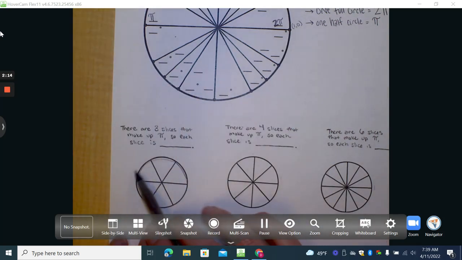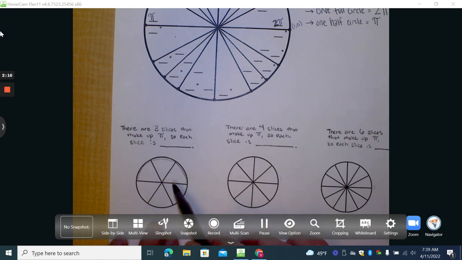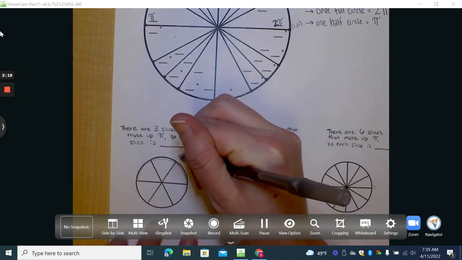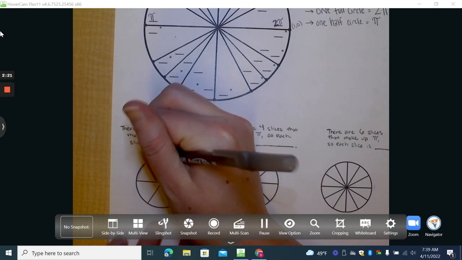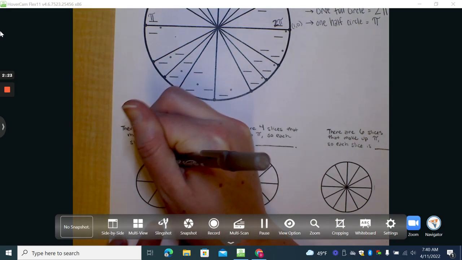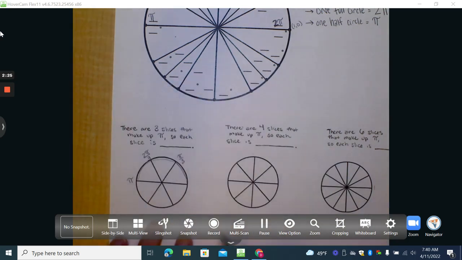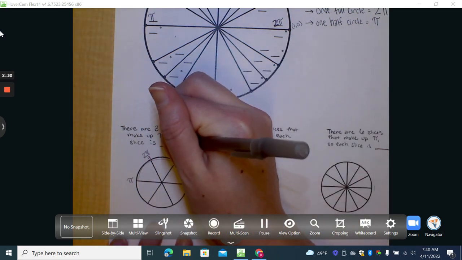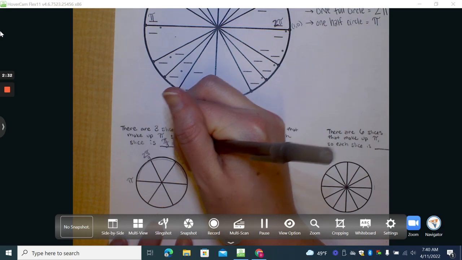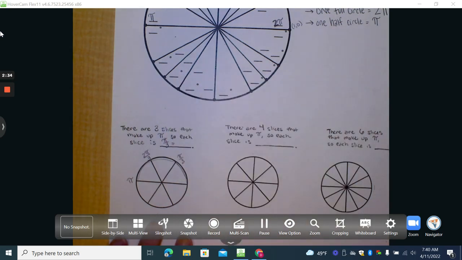And so in this situation, each slice here is 1/3 pi, 2/3 pi, and a total pi.